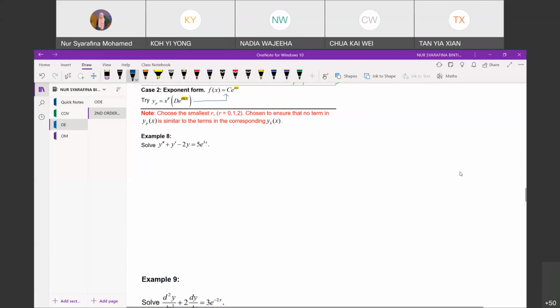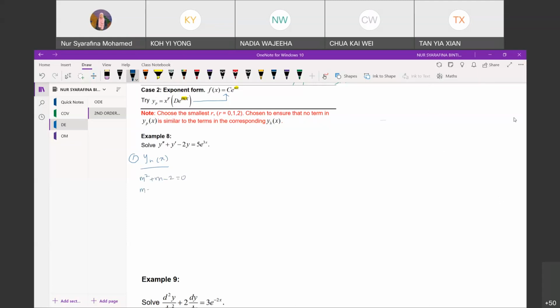Same process. What is our first step? We have to find YH, where we change this equation to the characteristic equation.